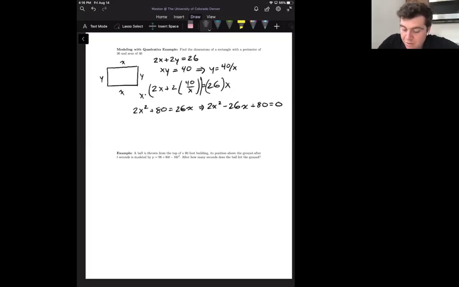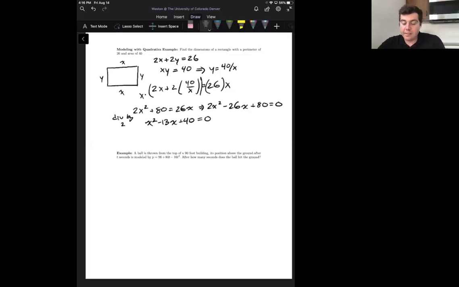At which point we can now divide by 2. So divide by 2 and find that we have x squared minus 13x plus 40 equals 0.